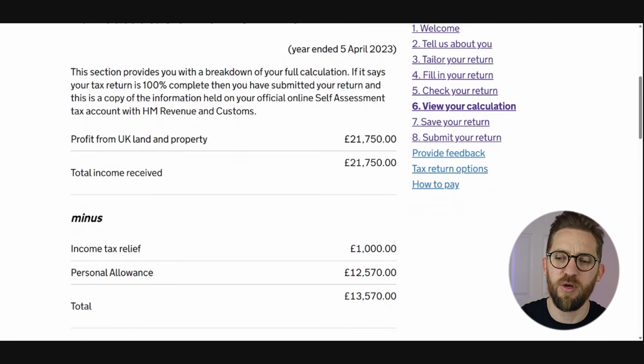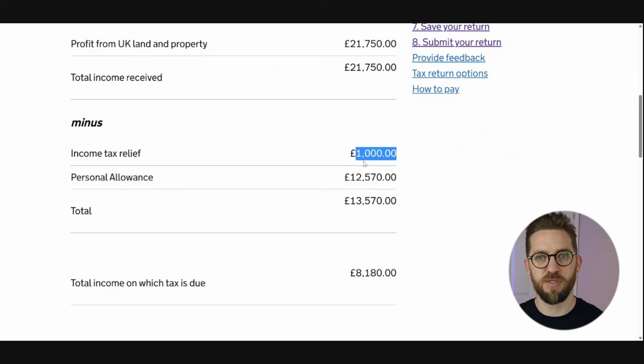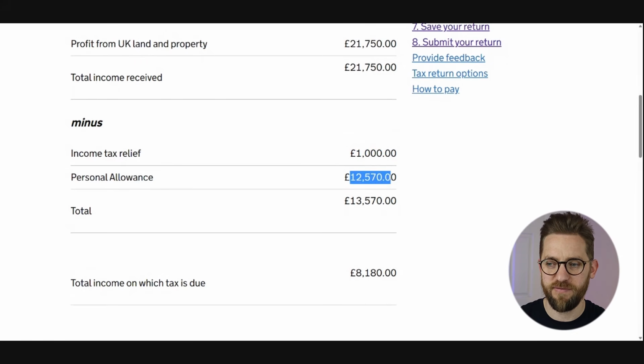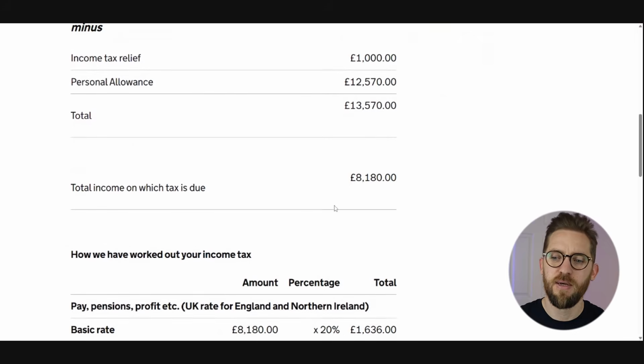In my example, I've only got the property income, so you can see total property income 21,750. You can see my £1,000 loss. I'm getting income tax relief on my £1,000 loss that was being brought forward. I've got a personal allowance of 12,570, gives me relief of 13,570, and then I've got income tax to pay on £8,180.